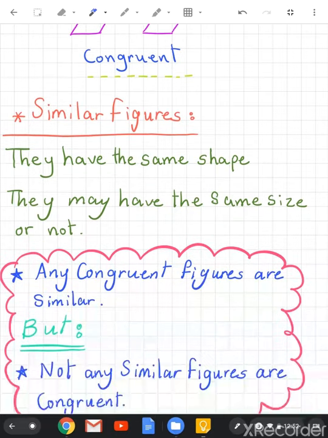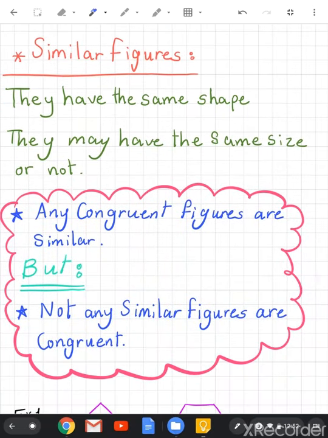This means that any congruent figures are similar, but not all similar figures are congruent.